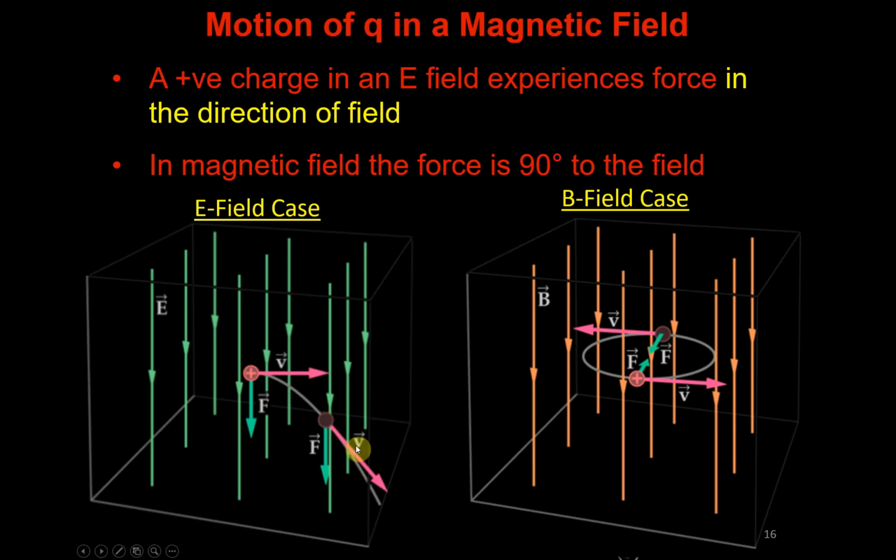It will accelerate it essentially in the direction of the electric field. So this is much more like gravity. And remember, the force is kq over r squared, as per Coulomb's law. So you've got two different effects. Magnetic fields tend to force things in circles or helical patterns, whereas electric fields tend to push things into a parabola.